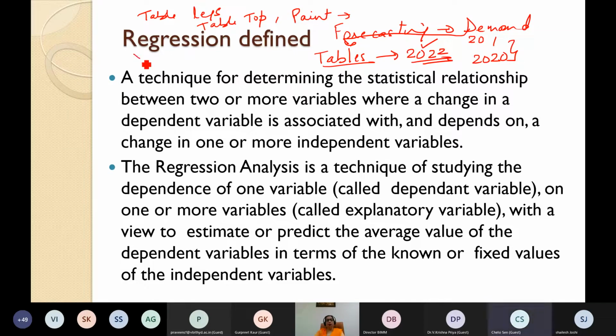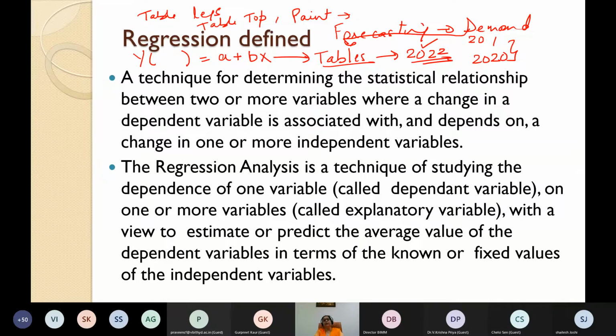So I can say the Y, which can be any one of these, is dependent on some kind of a constant, which can be a, beta 0, and with some variant, that is b into x, which is the number of tables.